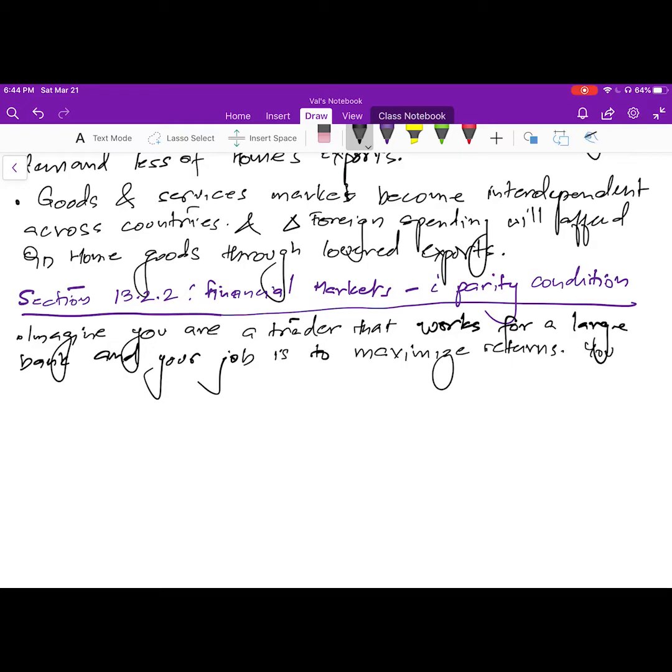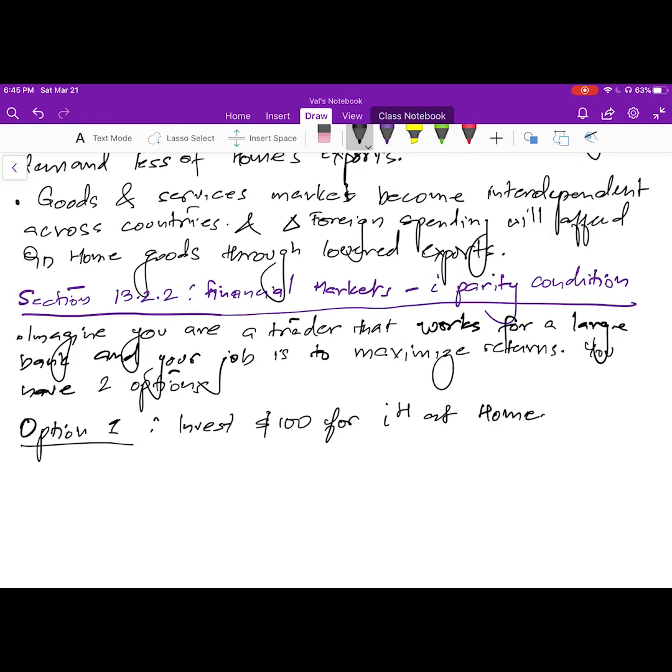You have two options. Option one is to invest, let's say, $100 at home. So you can invest $100 at home for an interest rate of IH.